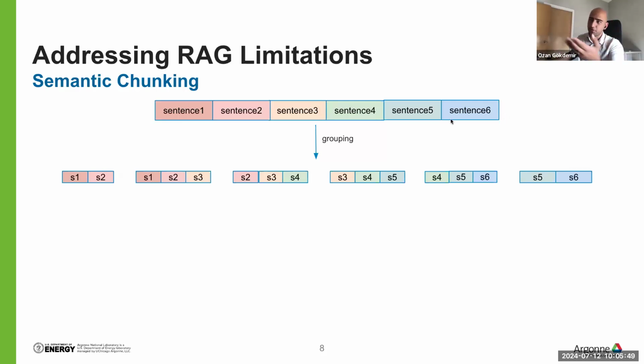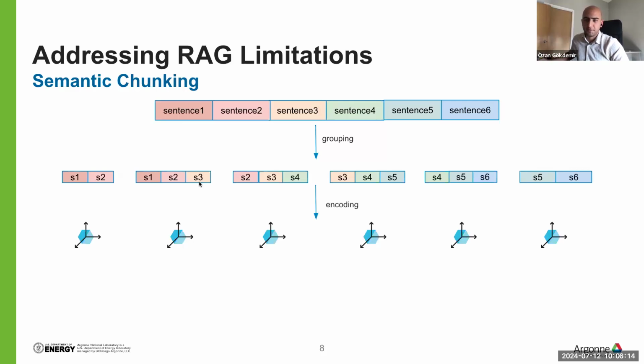For sentence 1, since there is no left neighbor, you take itself and its right neighbor. For sentence 2, you take left, right, and itself. You go for the rest of them like that. These are called buffers. Say in this case, sentences 1, 2, and 3 are a buffer.